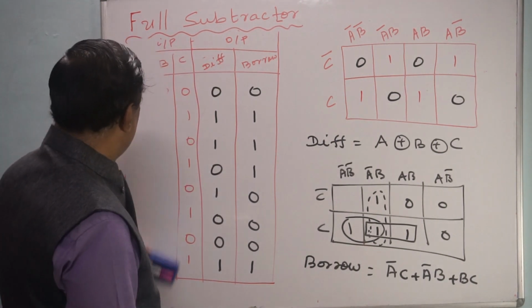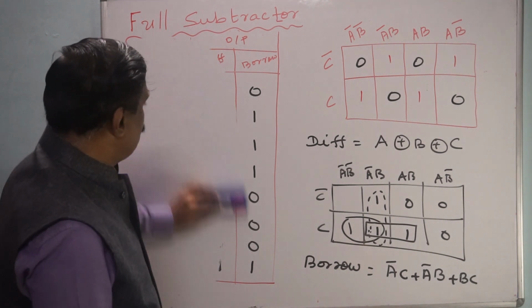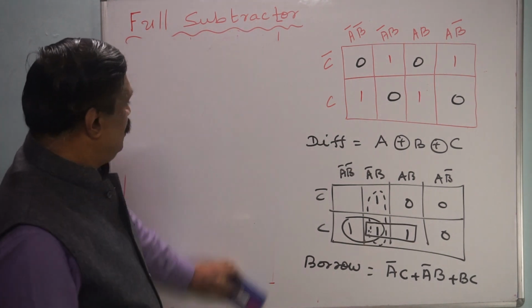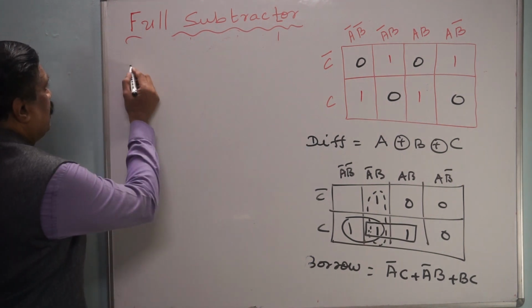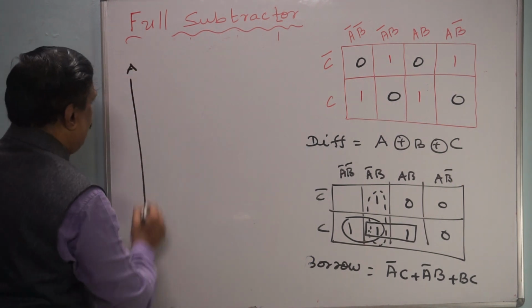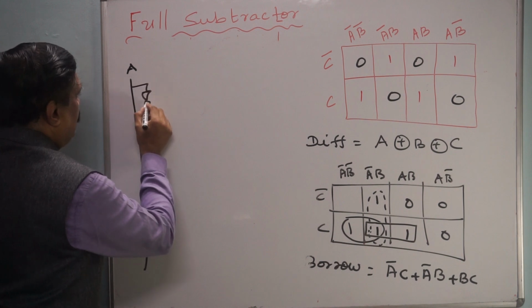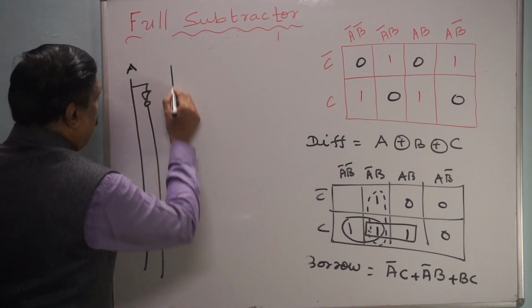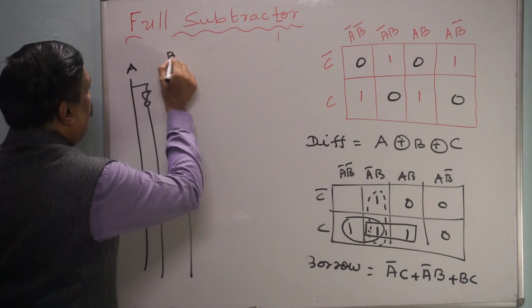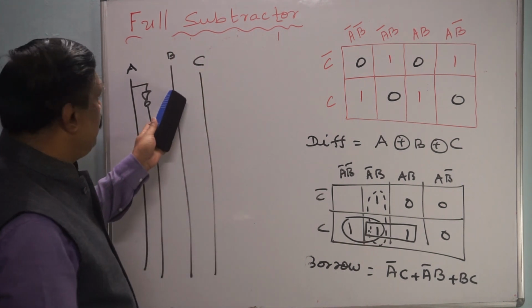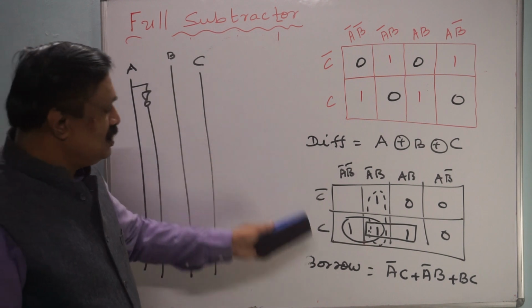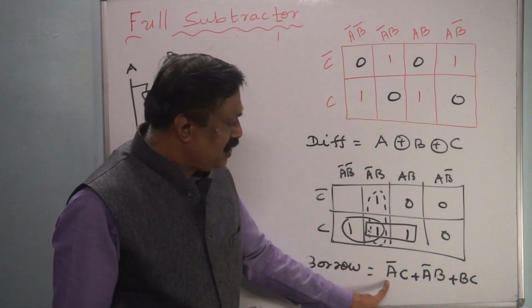I erase this, and you are familiar with how to implement this. Simply go for 3 inputs: A input and its complement, and B and C. I have not drawn B complement and C complement, because in this expression only A complement is there.